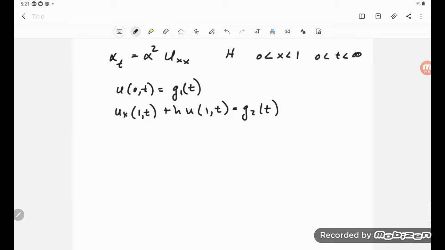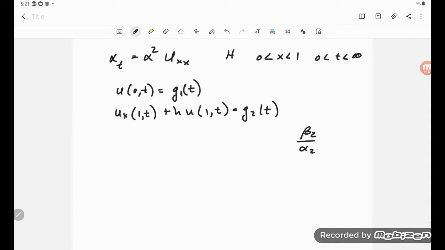Now, before, in the last video and in the text, they used alpha and beta. But if I just take beta 2 or alpha 2 and let that equal h, then that's what I have right there.